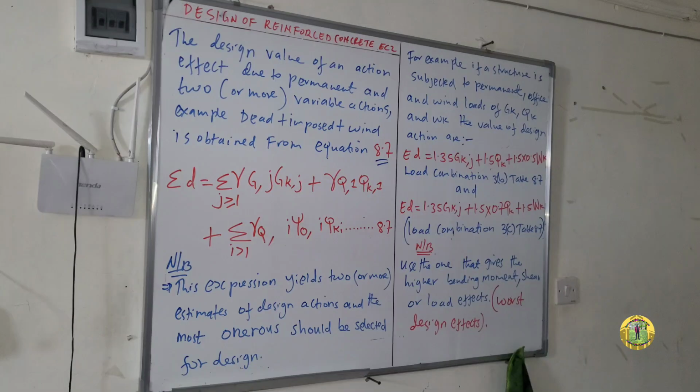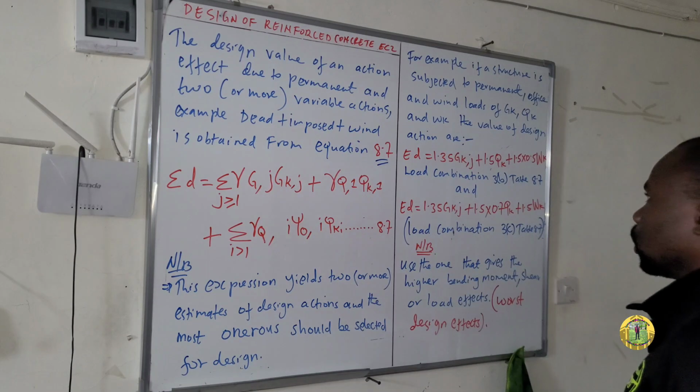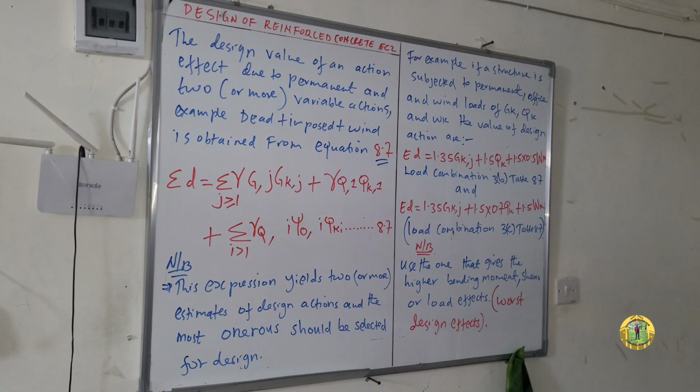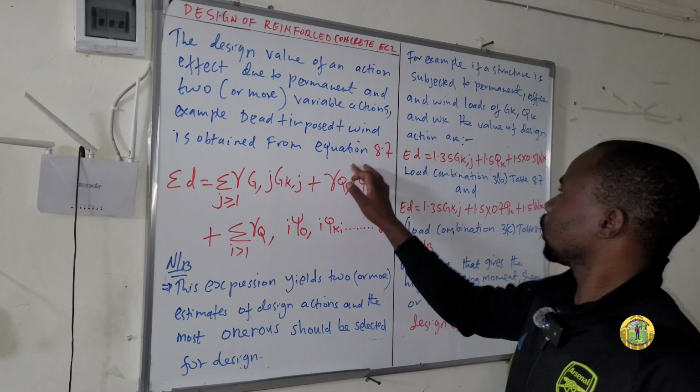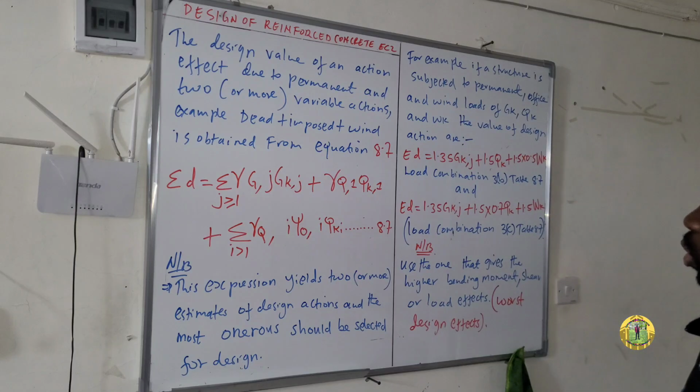So let's proceed. Our first expression, expression 8.6, was for a combination of two loads, a permanent action and a variable action, which is a live load or a wind load.